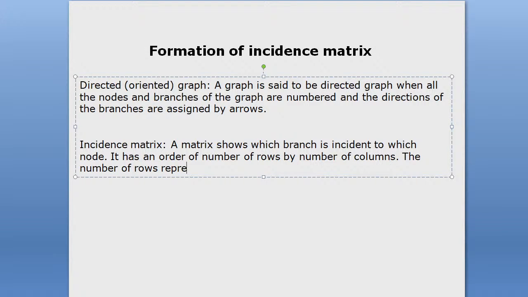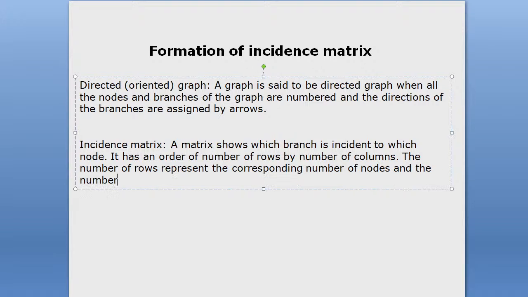The number of rows represents the corresponding number of nodes, and on the other hand the number of columns represents the corresponding number of branches.